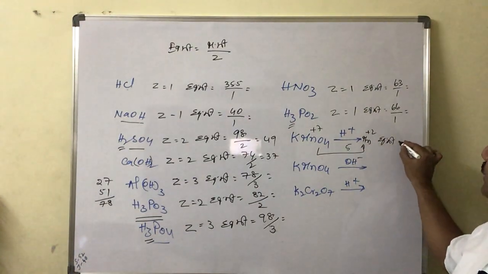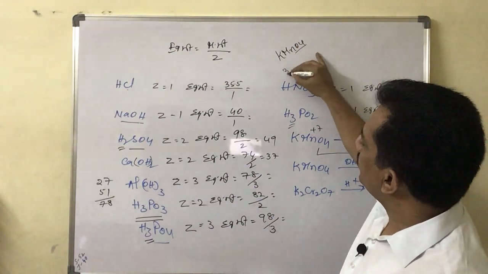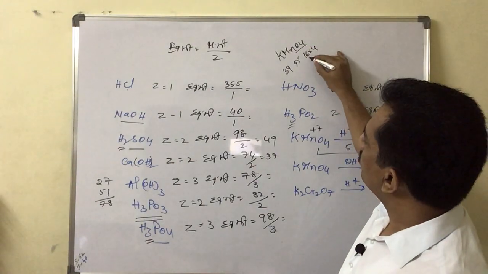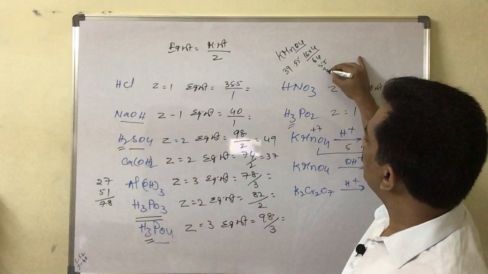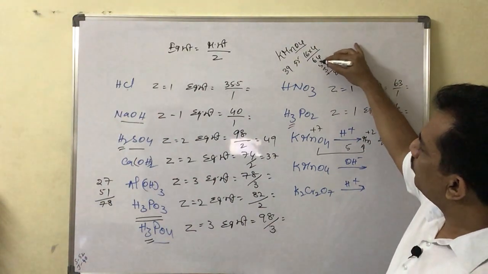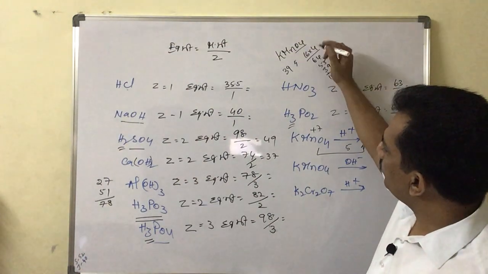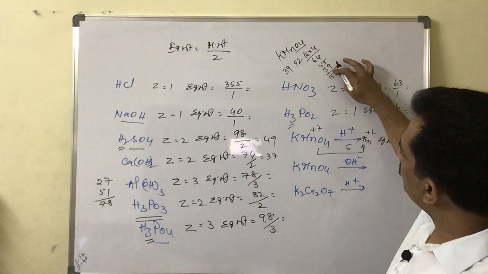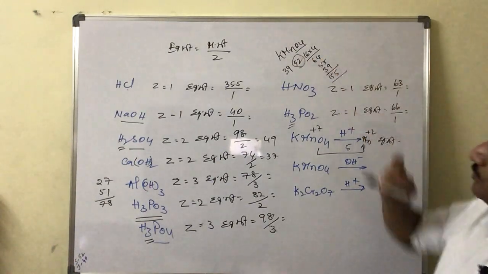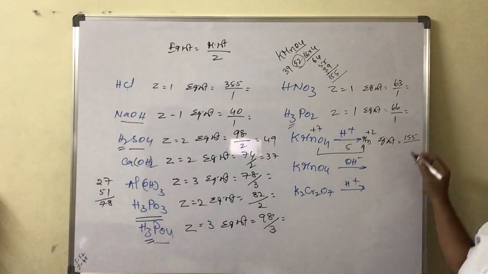The equivalent weight is its molecular weight divided by 5. The molecular weight of KMnO4, if I remember correctly, is 39 plus 55 plus 16 into 4, that is 64 plus 55 plus 39, about 158. So the equivalent weight is 158 by 5.